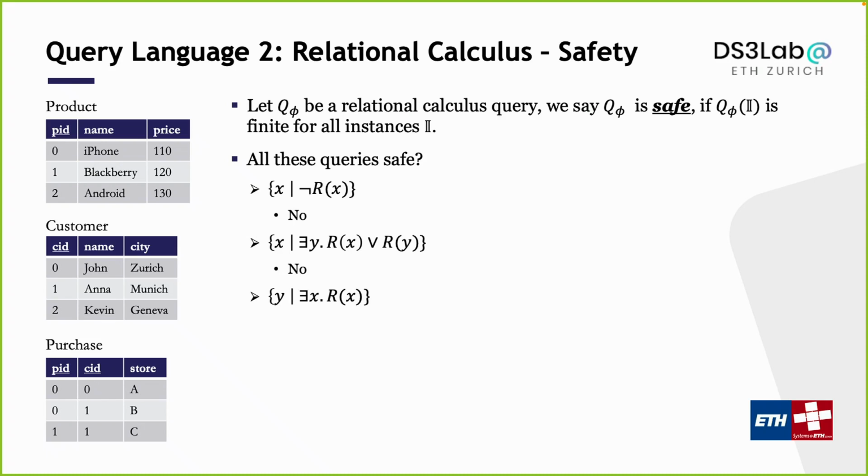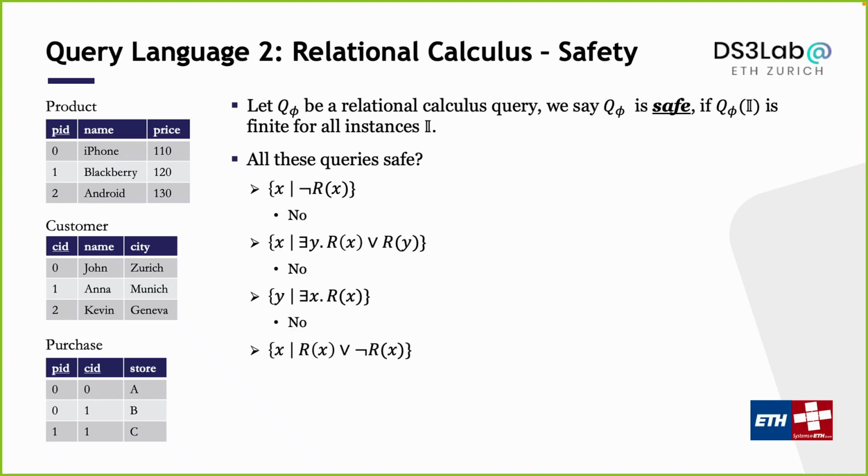My formula is there exists X, Rx, and my free variable is something I never saw before. It's not even there, right? As long as your R has at least one tuple, your answer is infinite. Whatever value you assign Y to, the formula is always true. There exists a tuple in R.